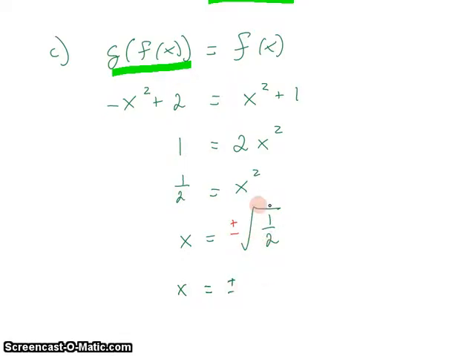So we can say the square root of 1/2 is the square root of 1 divided by the square root of 2. The square root of 1 is just 1. So this leaves us with plus or minus 1 over root 2, which is a term that you wind up with pretty frequently. If you're curious, that's plus or minus 0.707. You'll see that a lot more when we start talking about the unit circle.